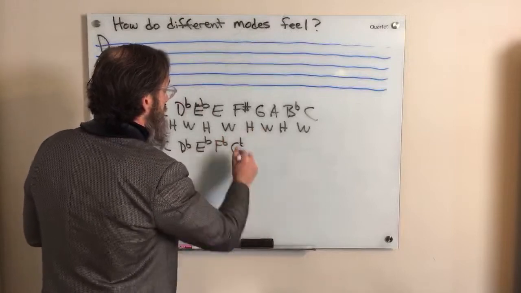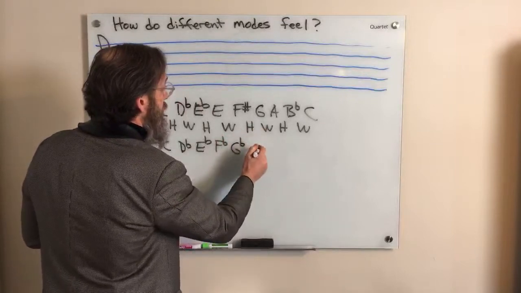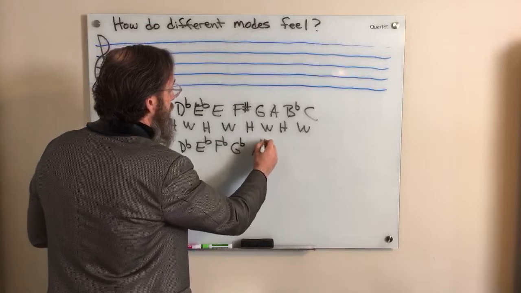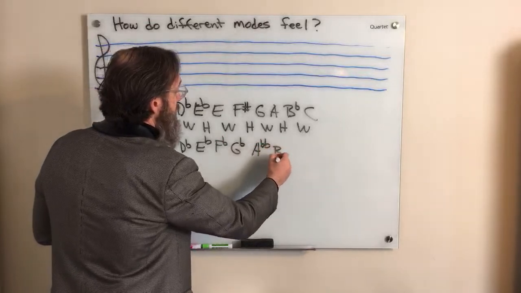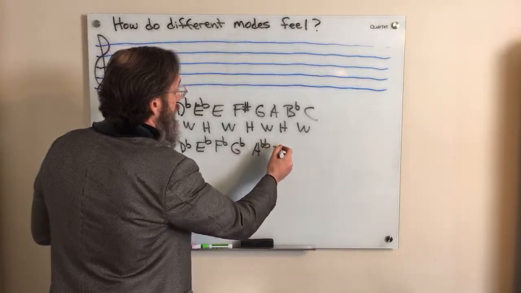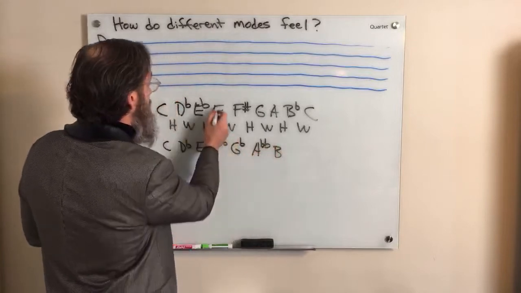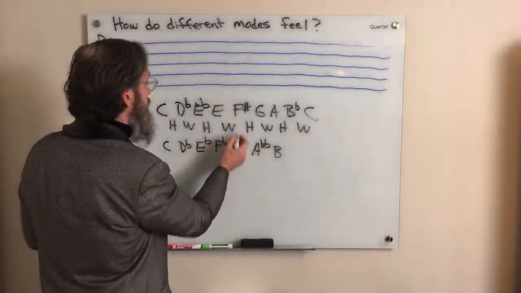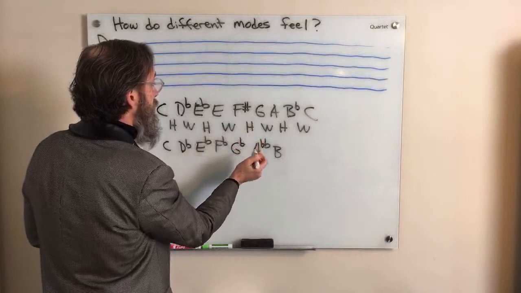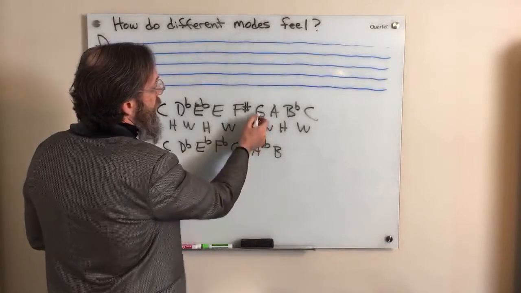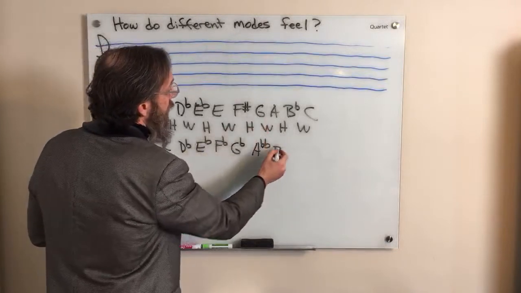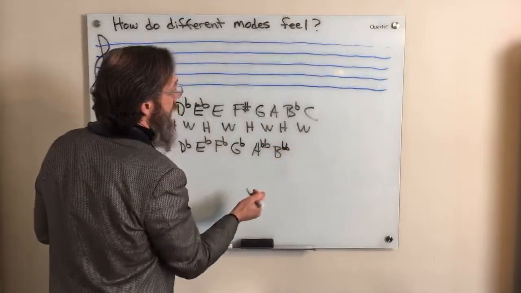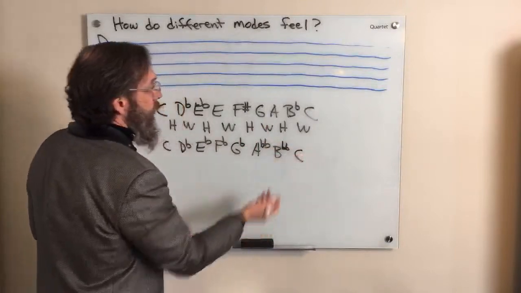Then I'd have to have an A double flat, and then B double flat, because the F flat is enharmonically the E, the G flat is enharmonically the F sharp, the A double flat is enharmonically the G, the B double flat is the A, and then we get to C, but we need a B flat.